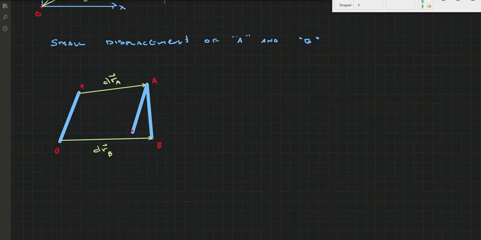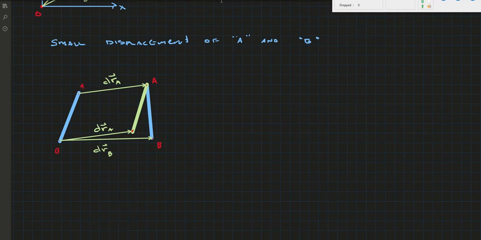So link AB doesn't deform in length at all, but what you end up with is a couple new positions. So we actually do a translation, which is the exact same size as up here. So this is still dRA. So we've got the dRA and dRB.